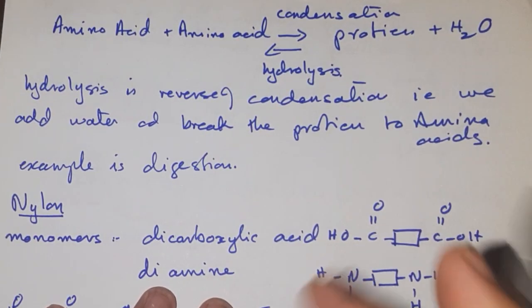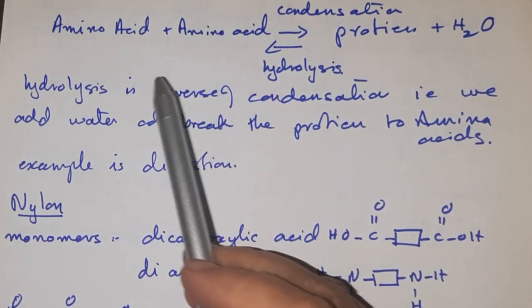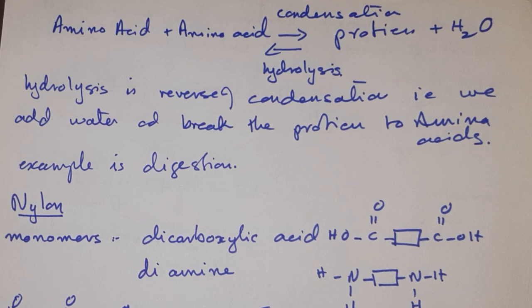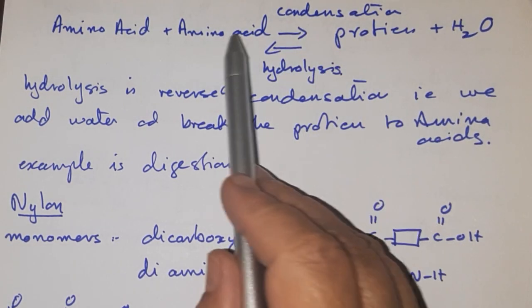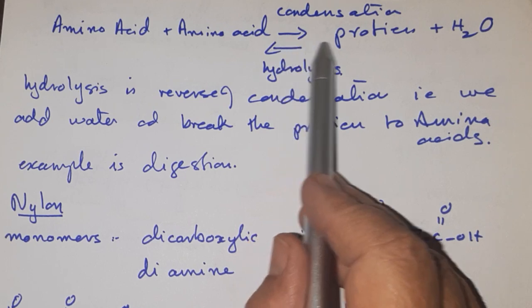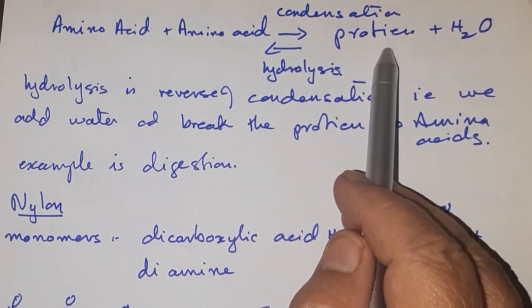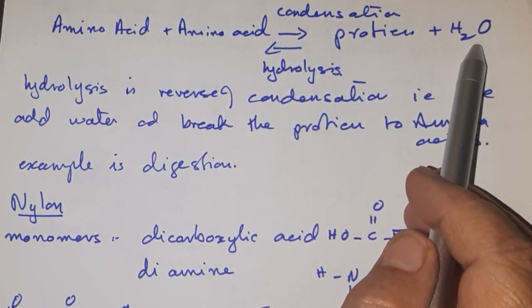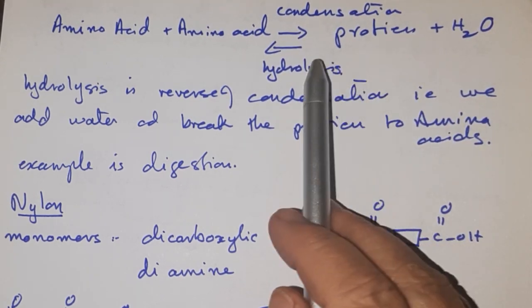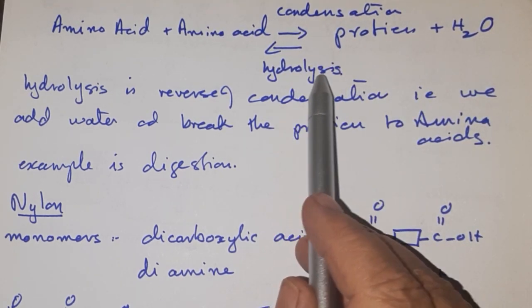Now we come to more detail, that is amino acid plus amino acid forms by condensation. When we go towards this side, it forms a protein. When a large number of amino acids are joined together, they form a protein with the removal of a water molecule from each part of the condensing monomers.